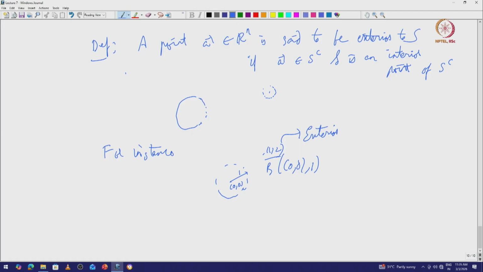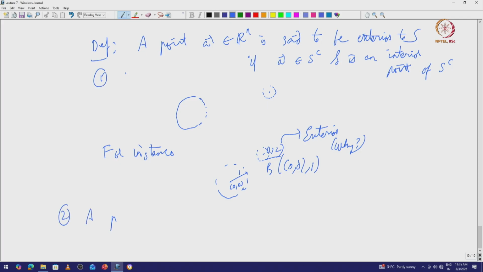Now if I take a small enough ball, the distance of all the points within the ball will also be larger than 1. How small a ball must I take? Again, I'll leave that to you as an exercise. So this is an exterior point.